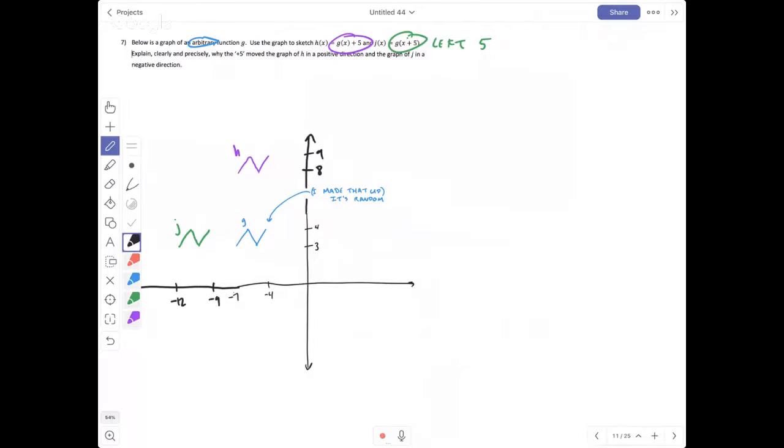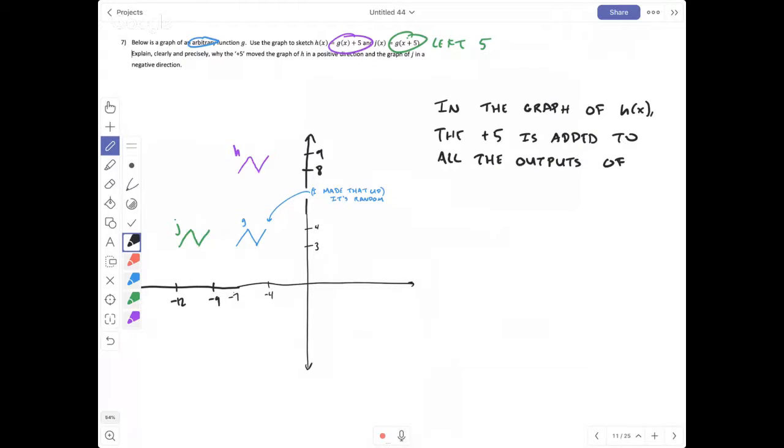We want to know in this case that in the graph of h of x, the +5 is added to all the outputs of g of x, making any input x yield an output 5 greater.